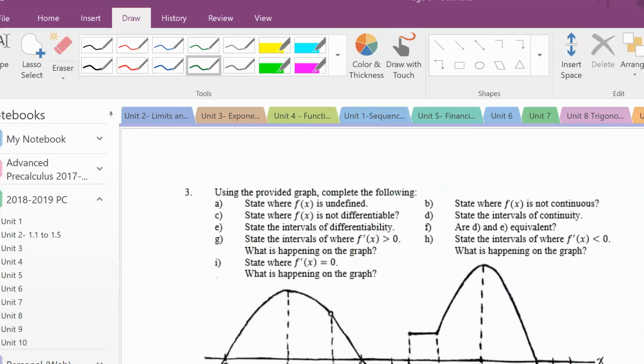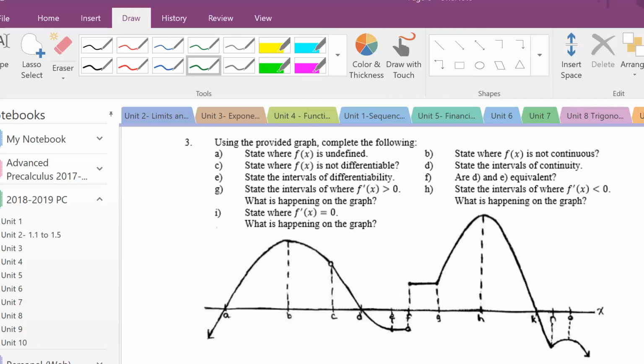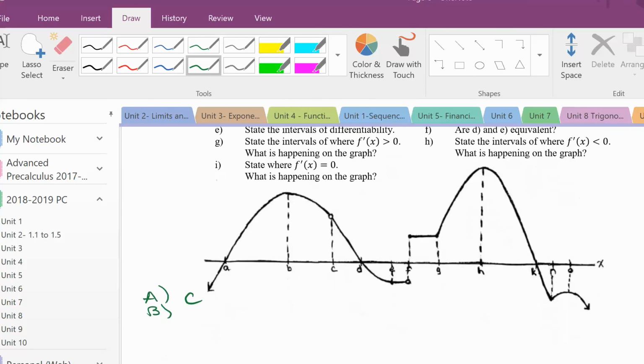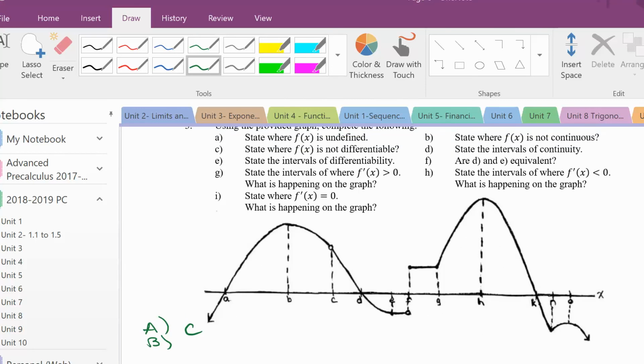All right, so next, using the provided graph, it wants us to do some things. So first of all, it wants to state where f of x is undefined. Well, in part A, f of x is not defined at C. Then it wants to say, where is f of x not continuous?